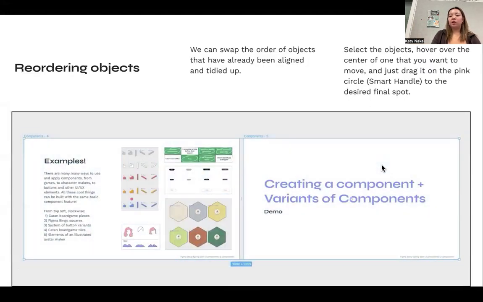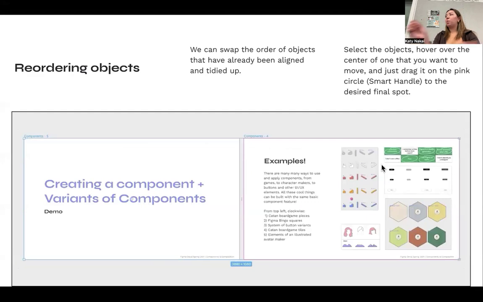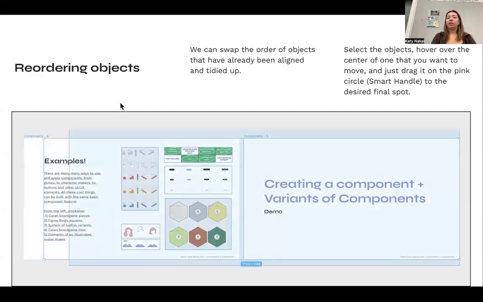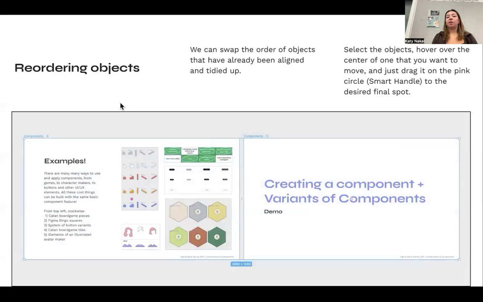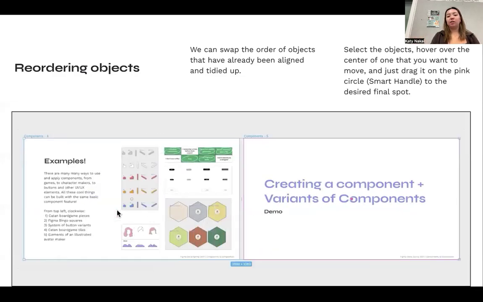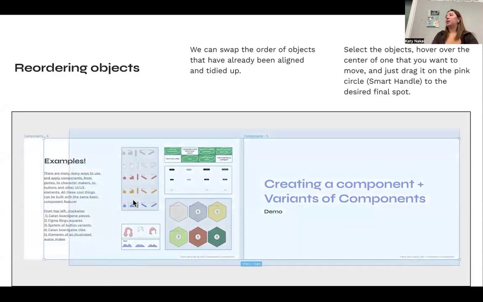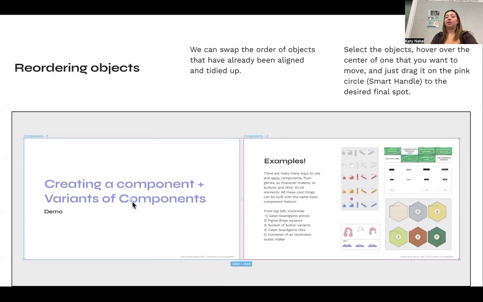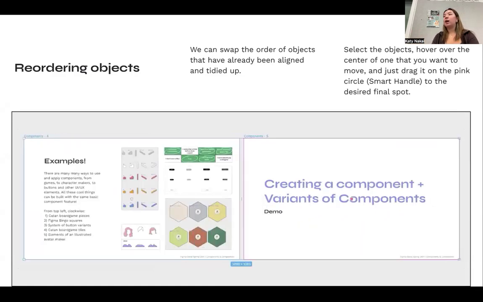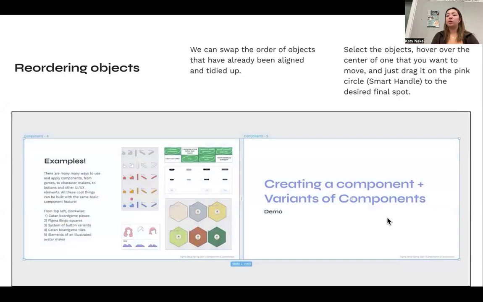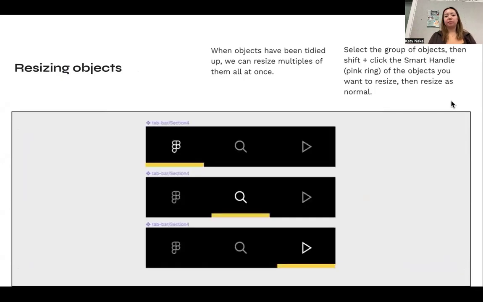You can also do the swapping of items I talked about, reordering objects. If you have two things that are already lined up next to each other, you can select both of them and a little pink circle, very subtle, should appear in the middle of them. You can just drag in between them and they'll swap exact places, which makes it very even.